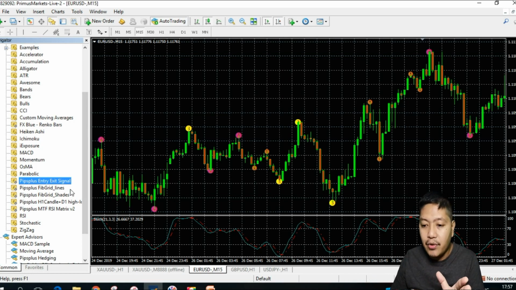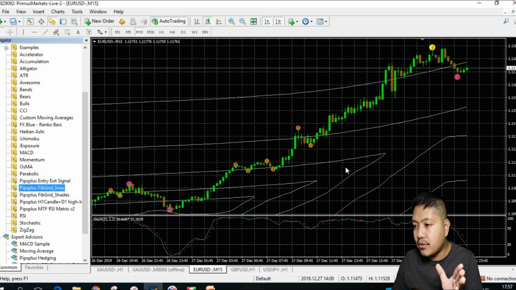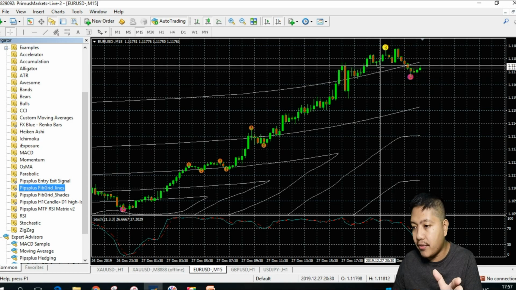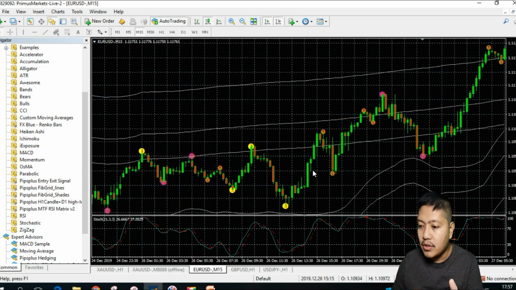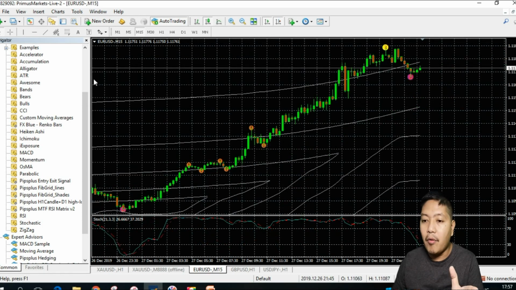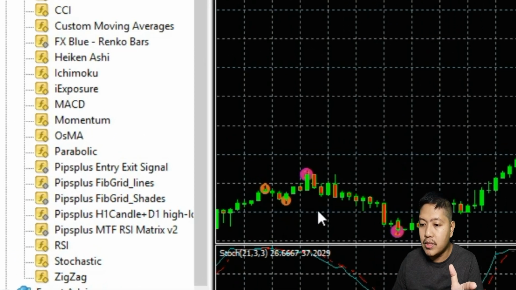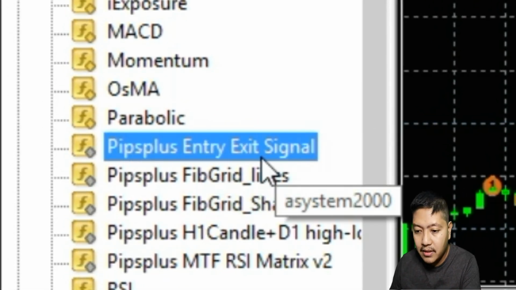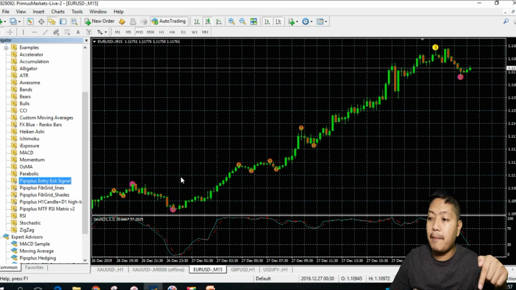You can also have these grid lines here. This uses 5 bull lines, where sometimes it hits down here, goes down, and then comes back. But for me, I will just use this particular tool, the entry and exit signals.